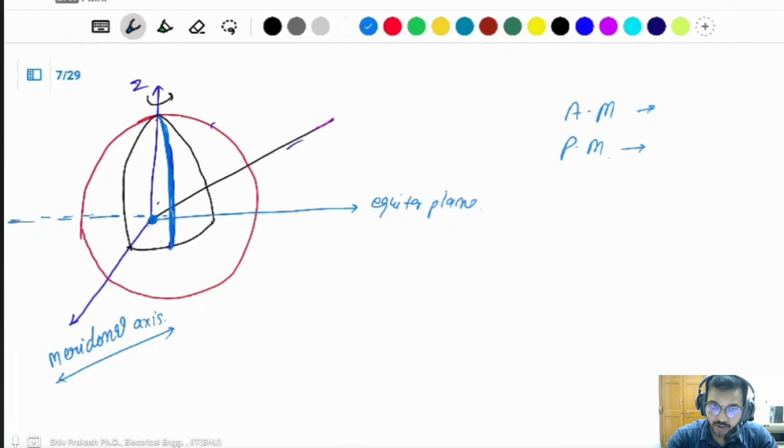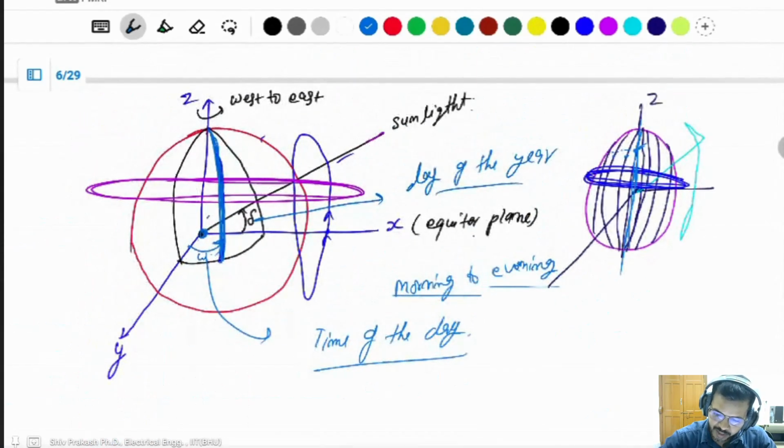Ante meridian and post meridian. It means before noon and after noon. Same thing, the meridian line is the middle of the day line. If the earth is there, the middle line is known as the meridional line.